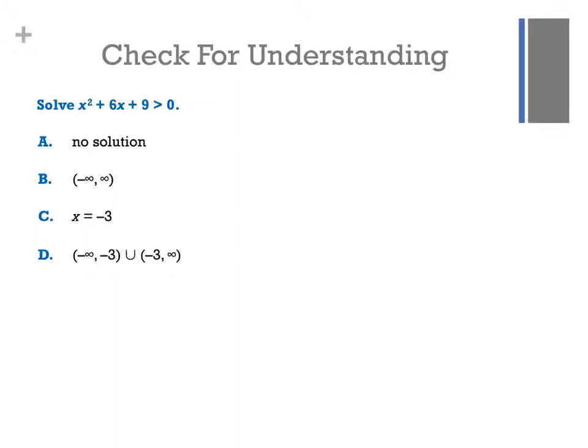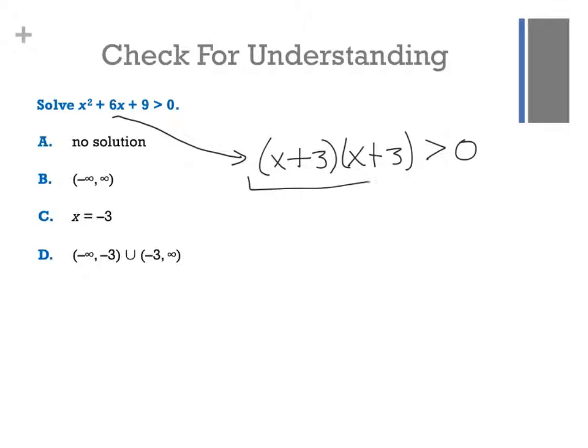So looking at this quadratic trinomial here, I can factor this as x plus 3 times x plus 3 greater than 0. And I know that this function by the factors is going to have a 0 at x equals negative 3. If I set x plus 3 equal to 0, that means x is equal to negative 3.